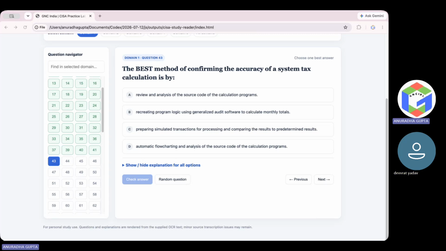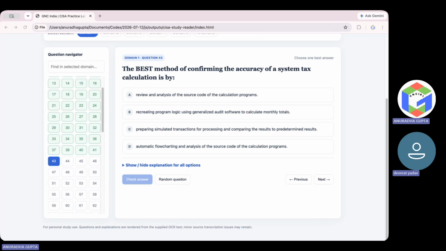Then preparing simulated transactions for processing and comparing the result to predetermined results. The chances of this option are high because here we are actually performing IT application testing, ITAC.